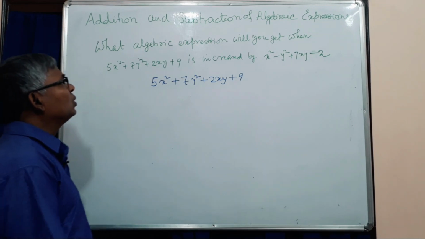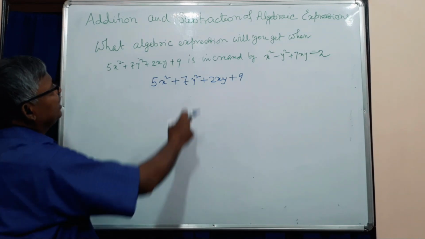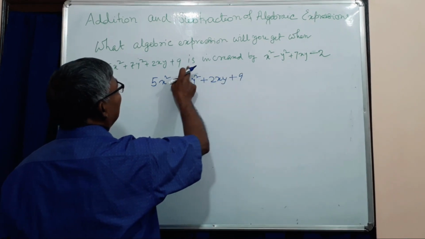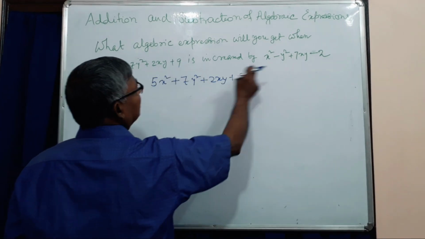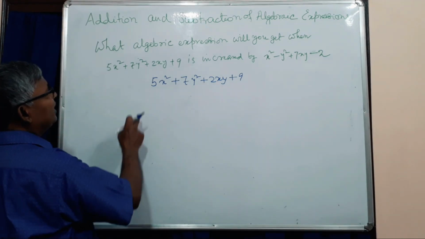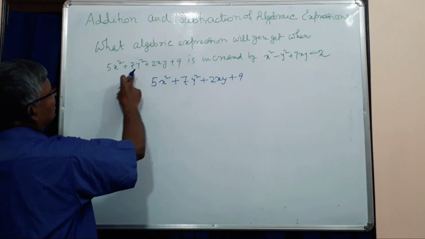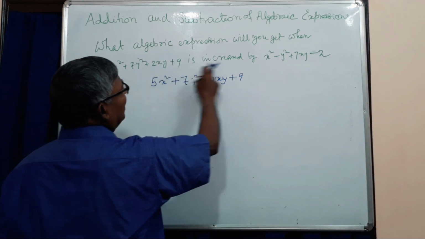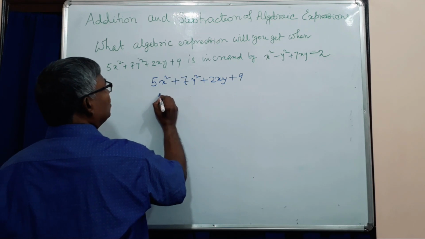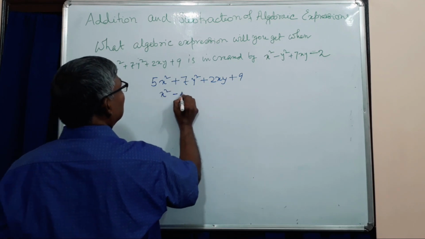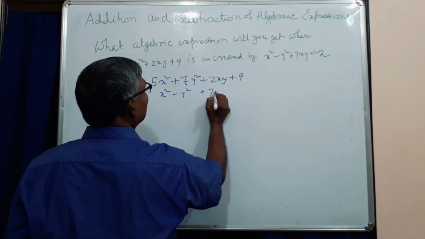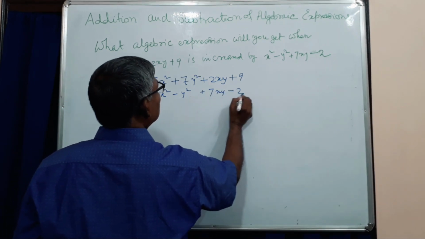So you have to first understand the very language, mathematical, how these two algebraic expressions are related. Here it is already told this is increased by this. So this expression is to be added here. So write down x square minus y square plus 7xy minus 2.